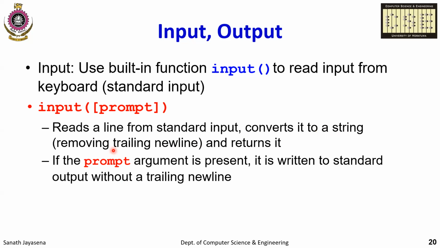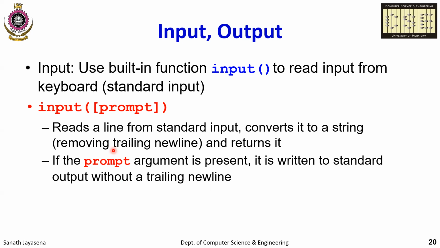So the input function will remove that trailing new line and return that string. You can assign the whole thing to some variable so that we have access to that string after that. If the prompt argument is present, it will be written to the standard output without a trailing new line.